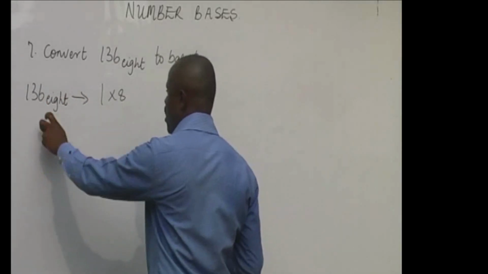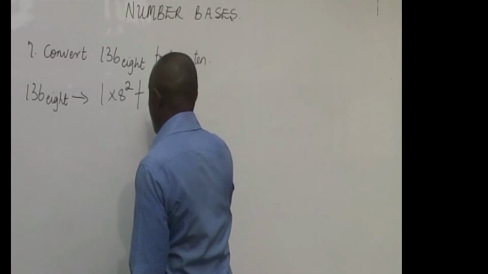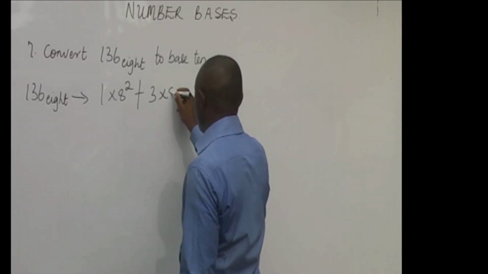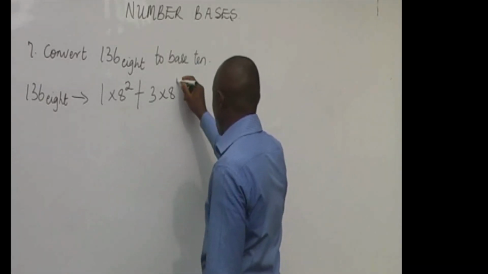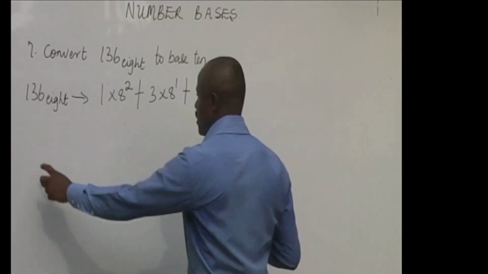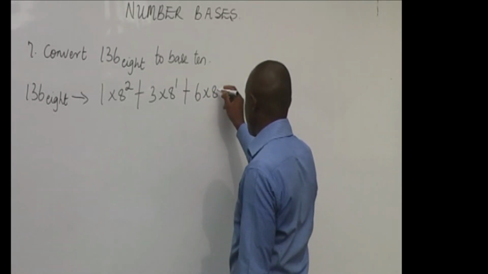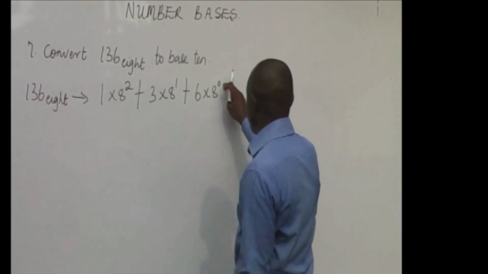Put it to the exponent of the remaining digits, 1, 2. Plus, the next is 3, times the base, which is 8. Put it to the exponent of the next remaining digit, which is 1. Plus, the next is 6. Multiply by the base, which is 8. Put it to the exponent of the next digits, but there's no digit, that's why you put 0.